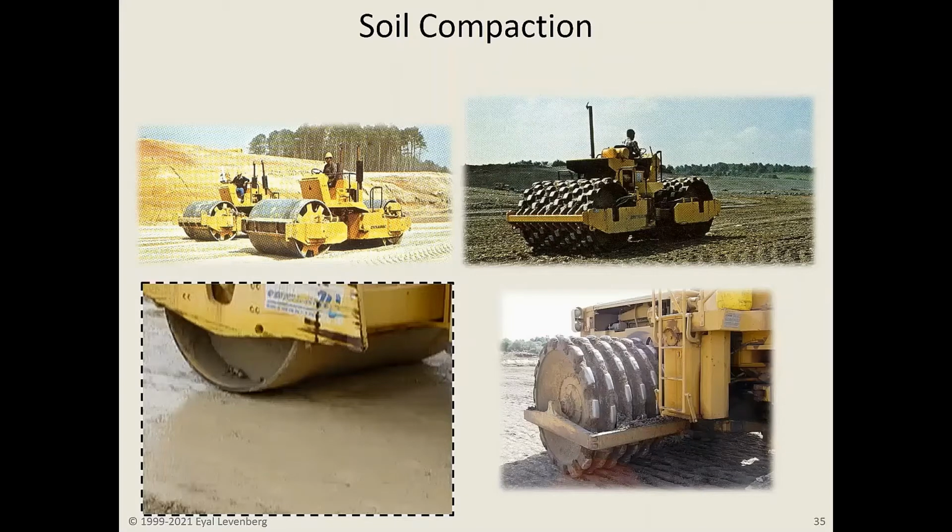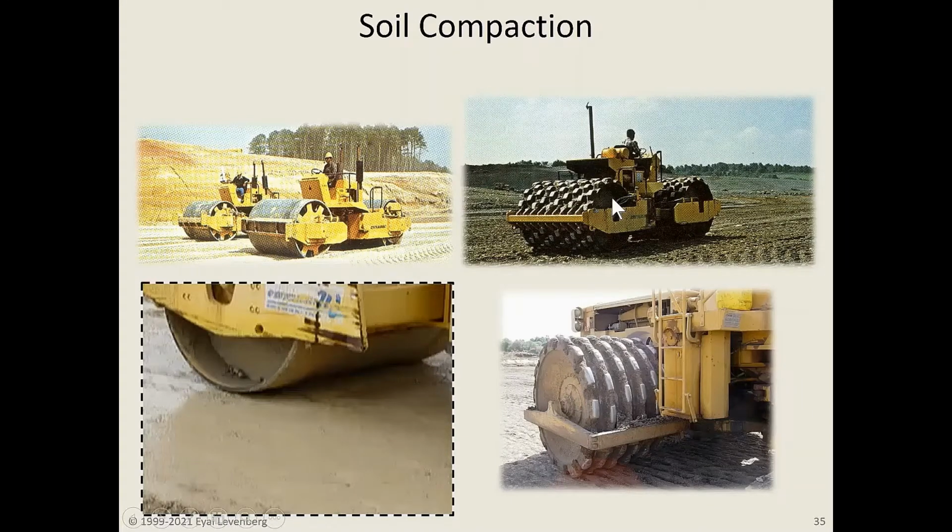They compress the aggregates closer together by rearranging them. It's not that the aggregates themselves are being compressed, but the air void content in the soil mass is being reduced during compaction. These smooth rollers are designed to be effective when compacting sandy or granular materials.